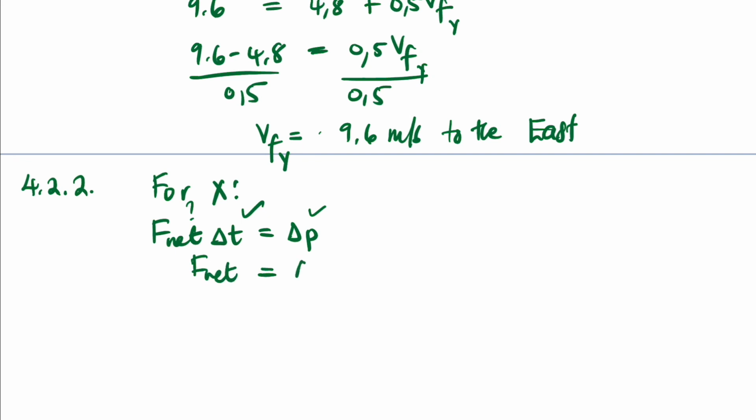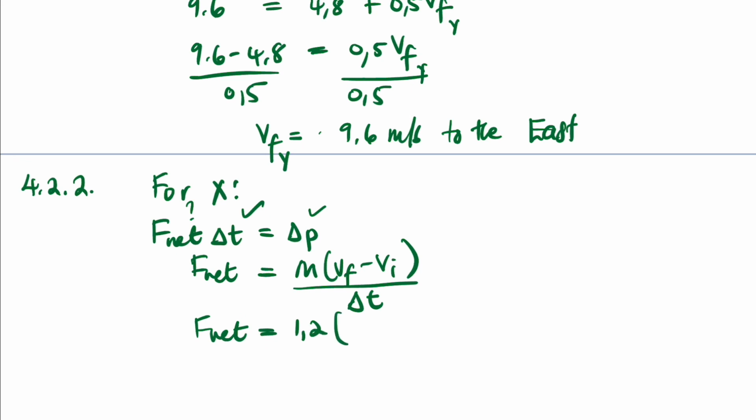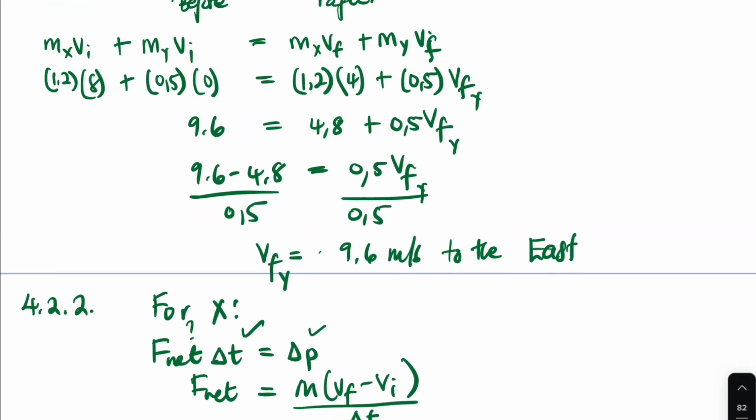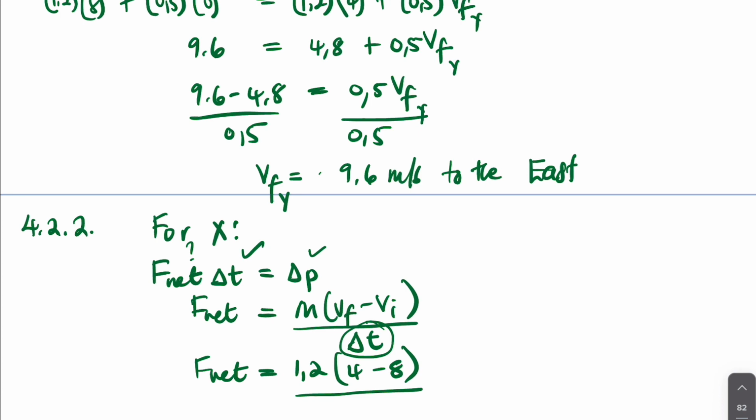The change in momentum is going to be mv final minus mv initial, divided by change in t. So now I'm substituting. The mass of trolley X is 1.2, its final velocity is 4, and its initial velocity is 8, and then we divide by, very important guys, the change in time. It's t final minus t initial.